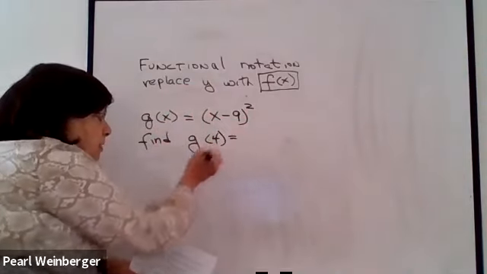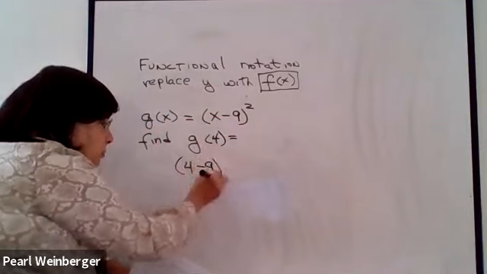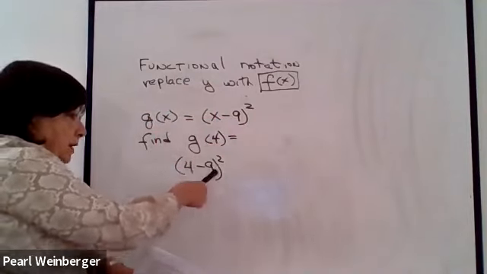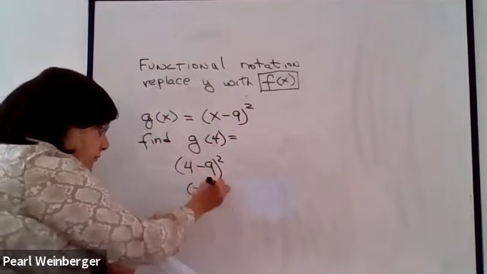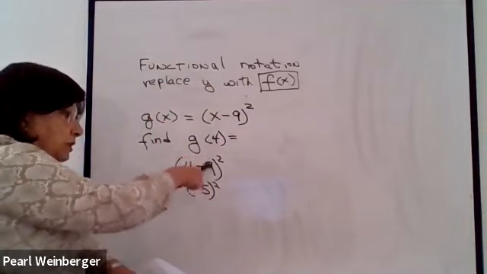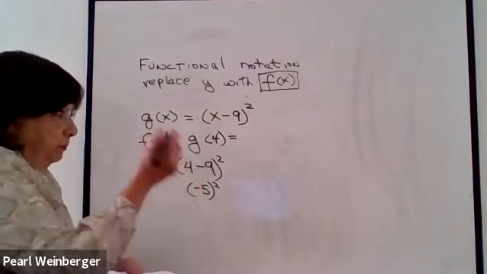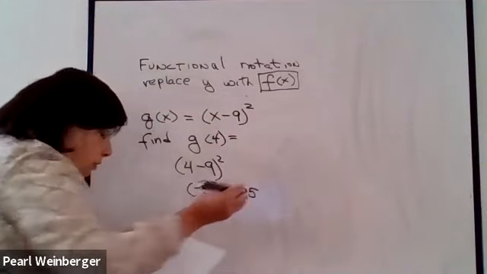So that's going to be parentheses 4 minus 9 squared. All I have to do is work this out. So 4 minus 9 is negative 5. So I have to do negative 5 squared. Remember, you do what's inside the parentheses first. And negative 5 squared means negative 5 times negative 5. So my answer is 25.